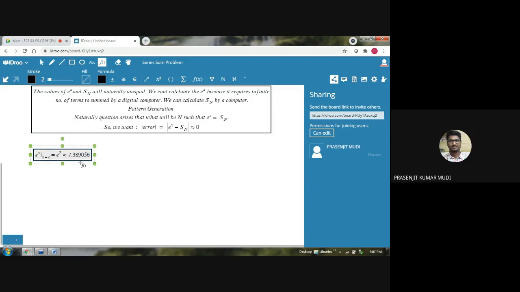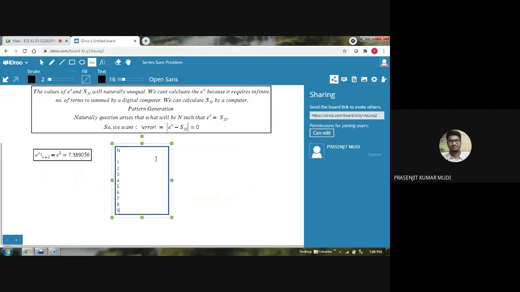Okay, now according to the series expansion, if we form a table, with n equal to 1, 2, 3, 4, 5, 6, 7, 8, 9, and then 10.